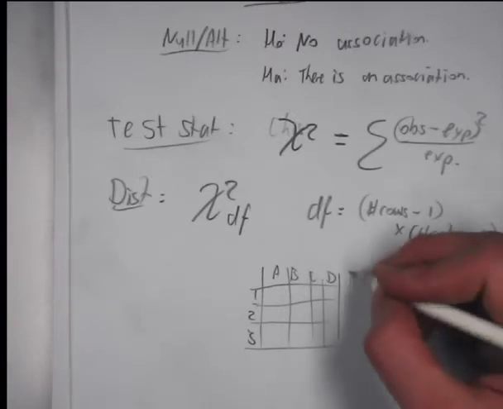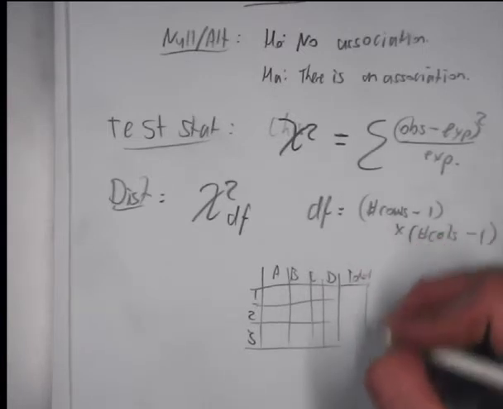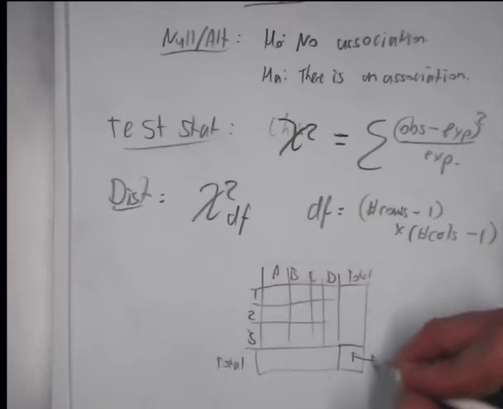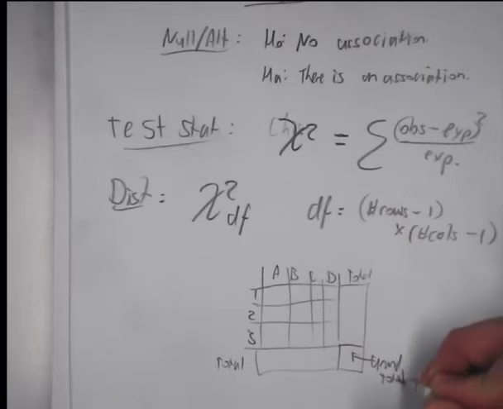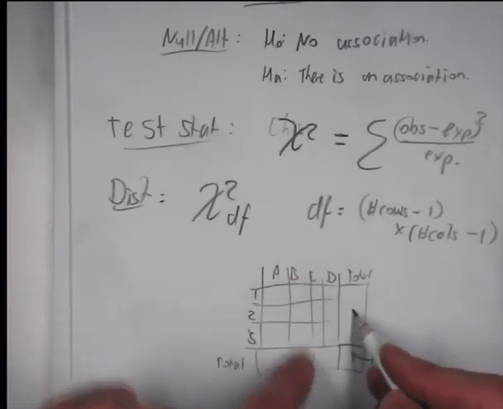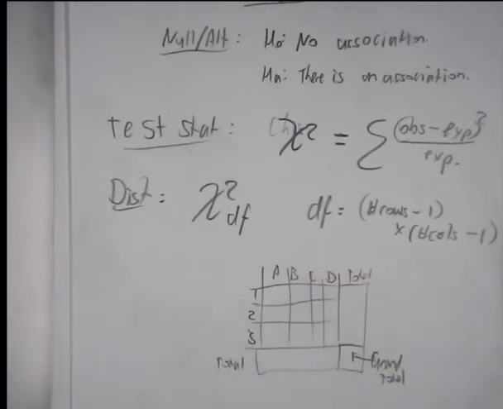So this is total, and this here is the grand total. So this is your two-way table, and you figure out your expected number by going, well, the total in the row you're in times the total in the column you're in, divided by the grand total.